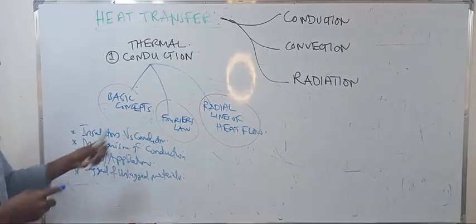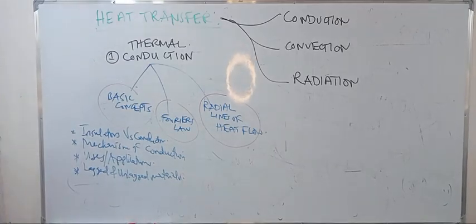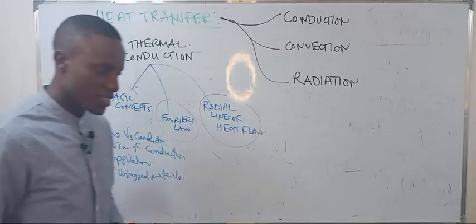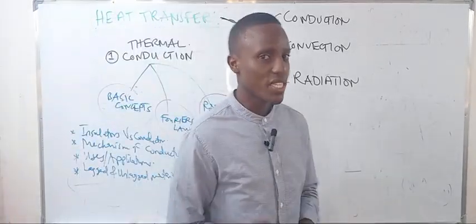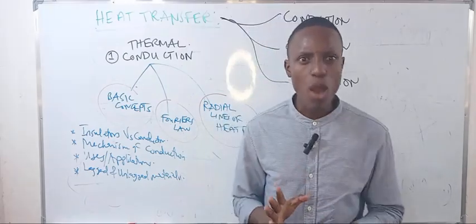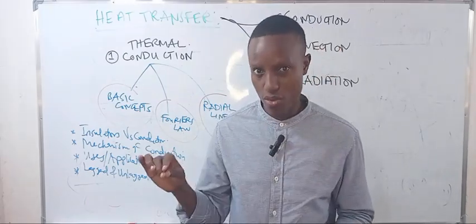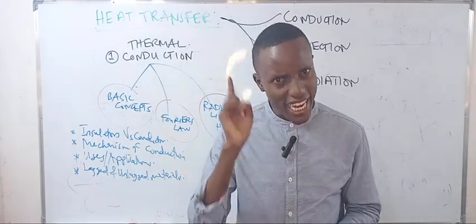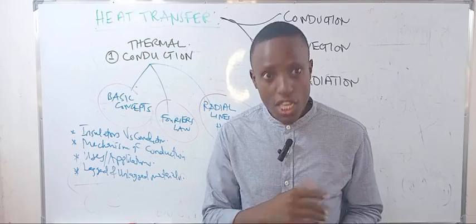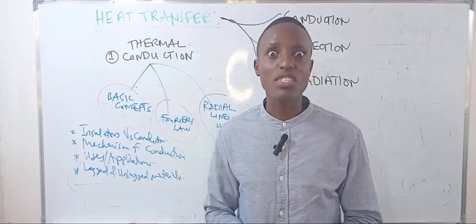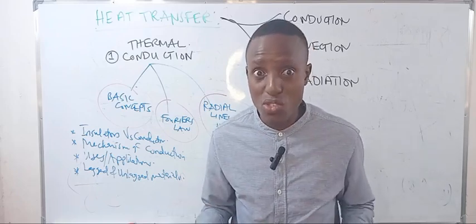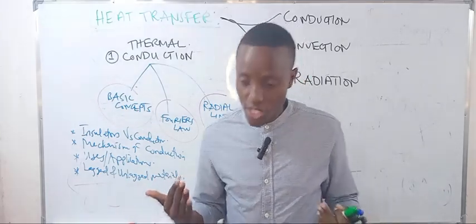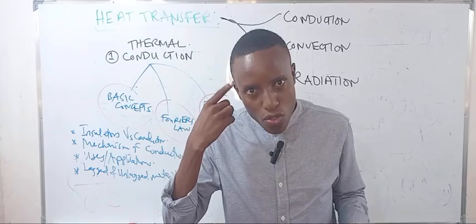Okay, let's discuss these four terms. Talking about insulators and conductors, insulators are materials that don't allow the passage of heat through them. And you need to know the characteristics of insulators. The question doesn't come to ask a Form 5 or Form 6 student just to define. No, it comes in conceptual terms.